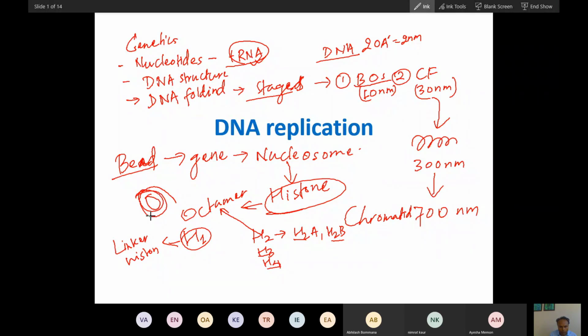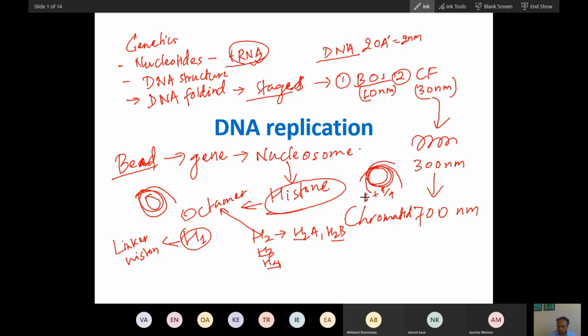So how many bases wrap this bead? There will be 1 plus 3/4 fold, near about 2 folds it will make. It will start like this and then fold and come like this.